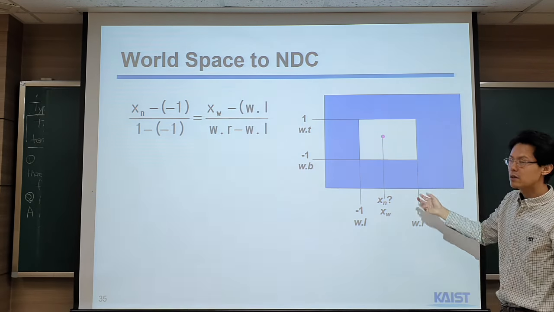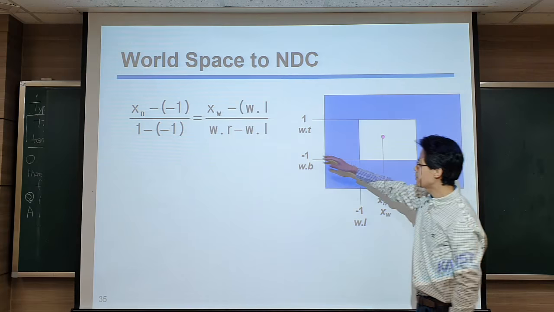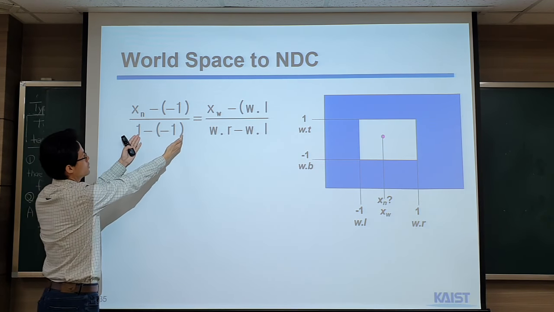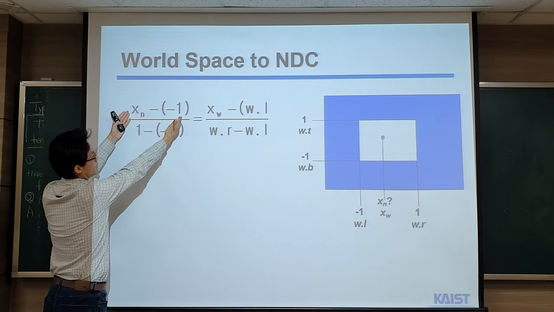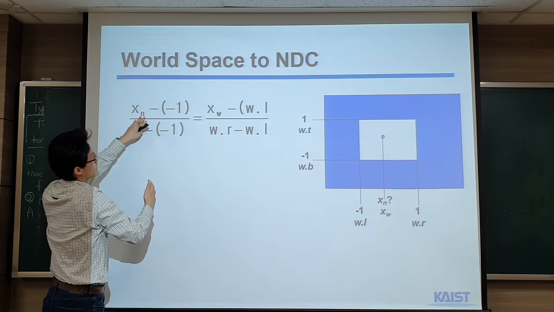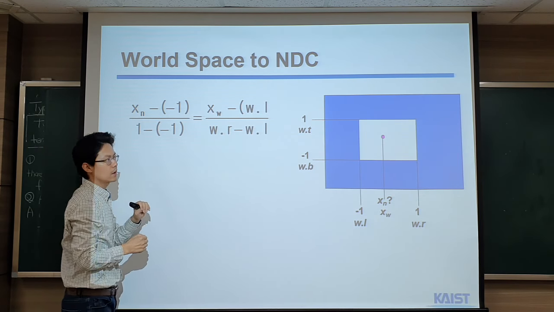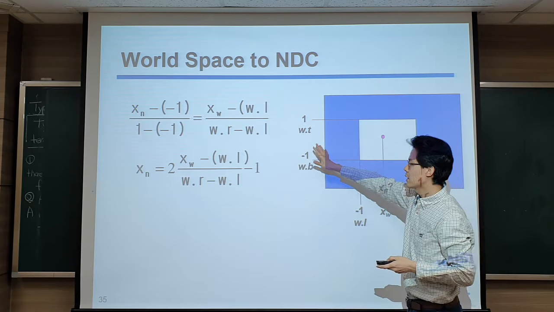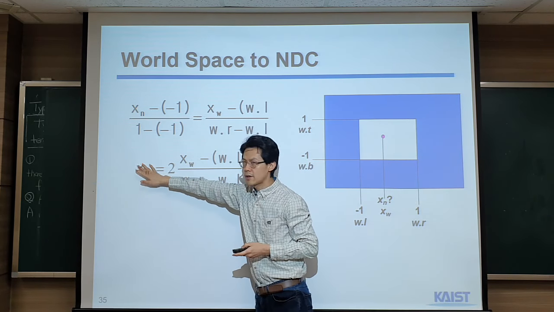That should be maintained even in the NDC space, right? In NDC space the width is 2, and the ratio between this whole width and that one should be something like this, right? This equation should be maintained within the world space and NDC space. Based on this one, we can compute this x n.